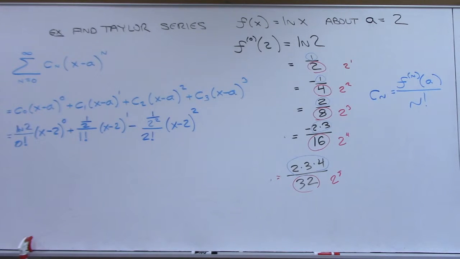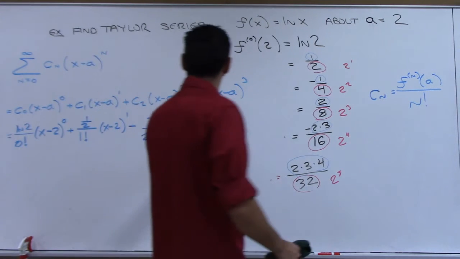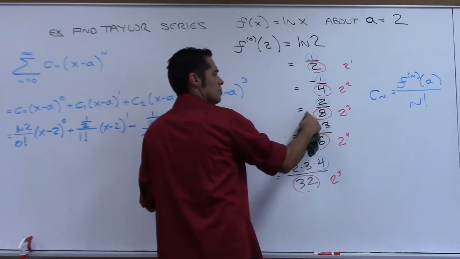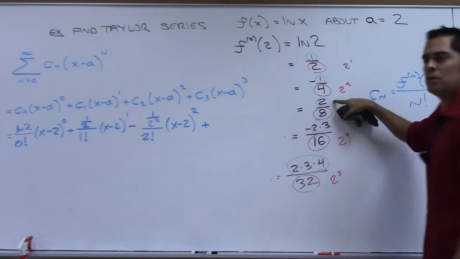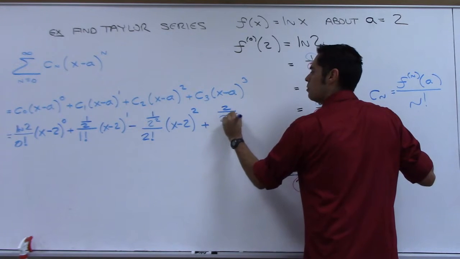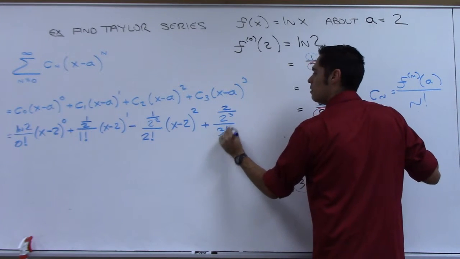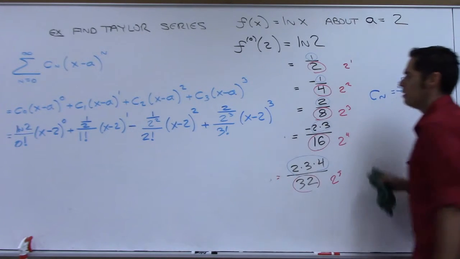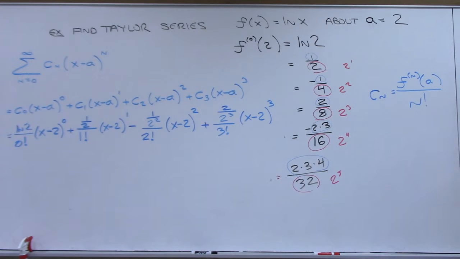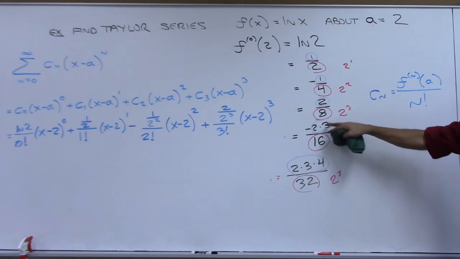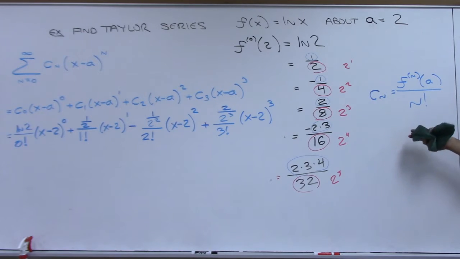What's the next one? C sub 3, which one was that? It was this one right here. It was 2 over 8, which I'm going to write as 2 over 2 cubed over 3 factorial, and then all that x minus 2 to the third. I'm running out of room. Next one. This right here. So it's going to be positive or negative? Negative.